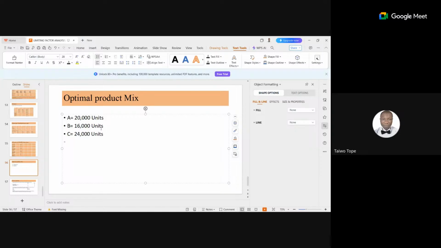And for D, you can produce 653 units. This is the optimal product mix. The various units you can produce is just for you to write them.